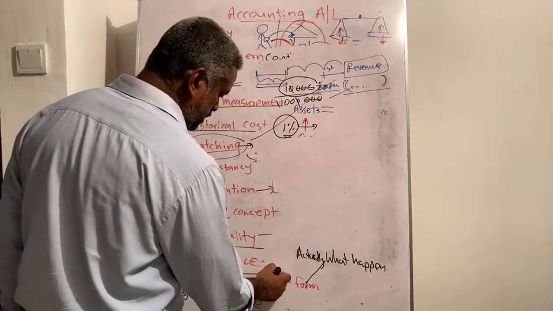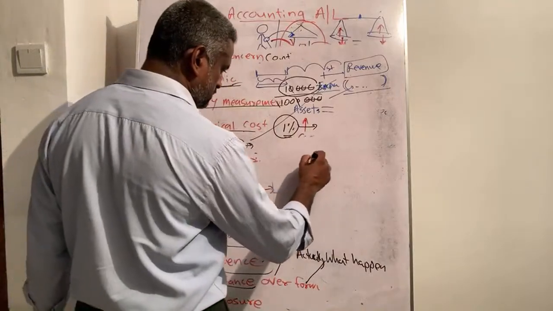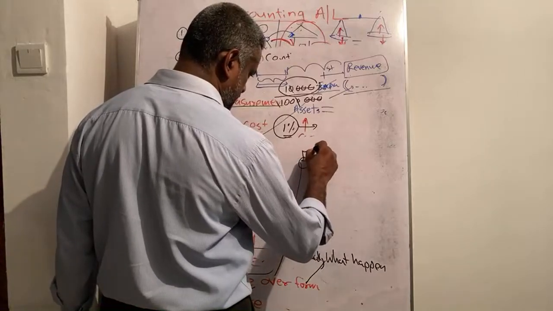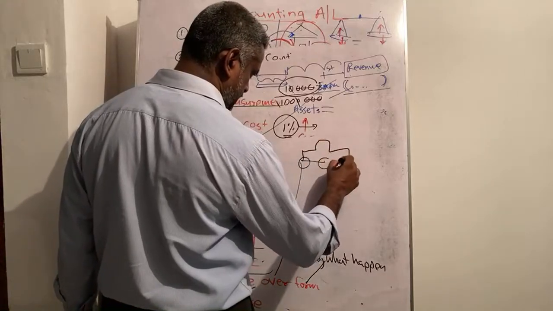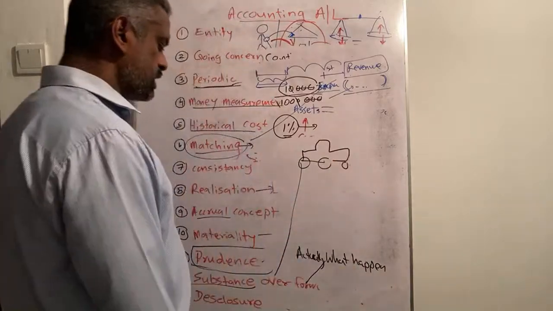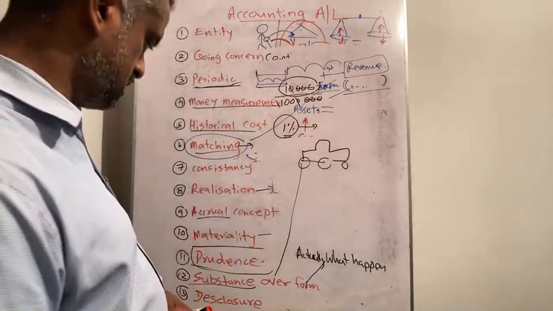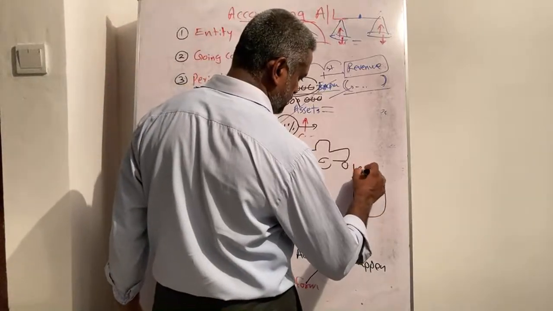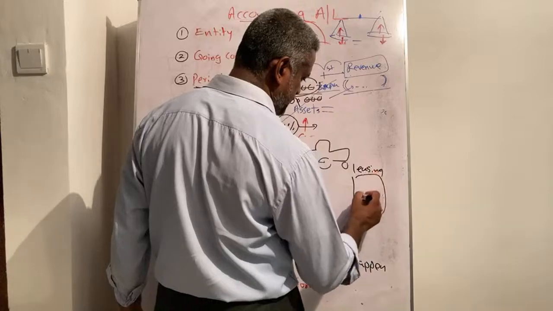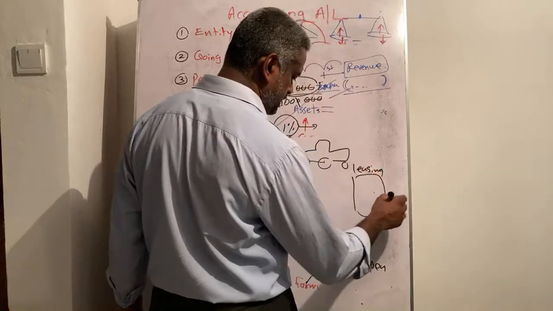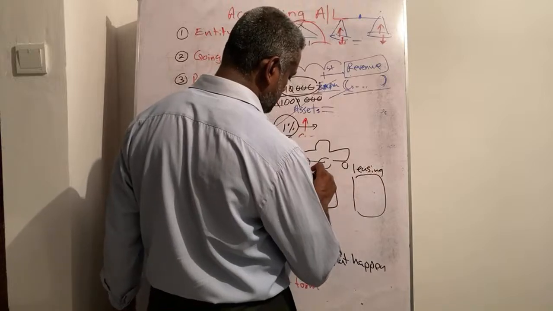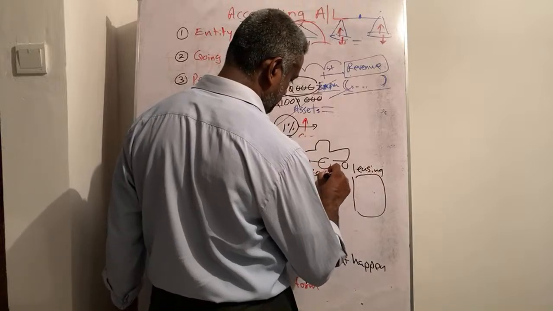You are hiring a tractor or something for your agriculture business, right? Then this tractor will be provided by a leasing company. Then there is a particular agreement called a leasing agreement, and also this tractor has a registration book, right?